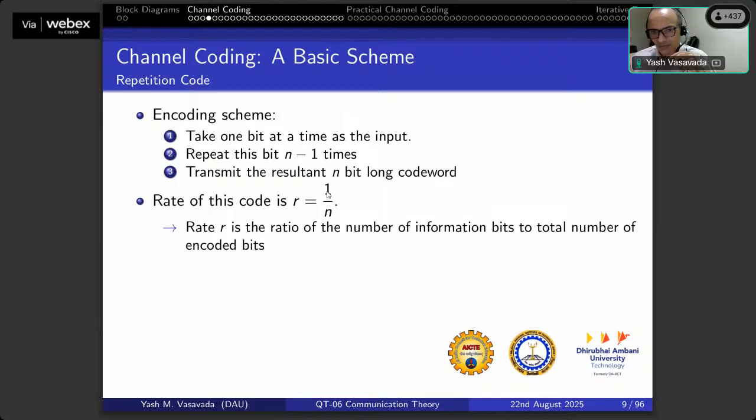So the rate of this code is 1 over n. In general, for the topic of channel coding, the rate of any channel code is the ratio of the number of information bits to the total number of encoded bits. For this particular case, it is 1 over n. Right? Simple enough.